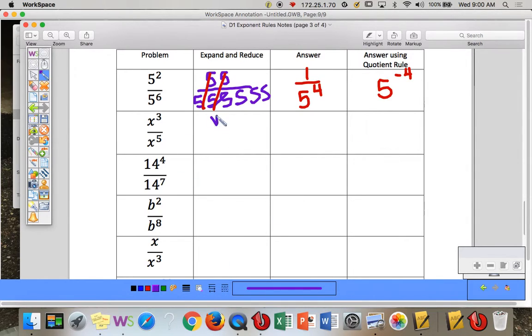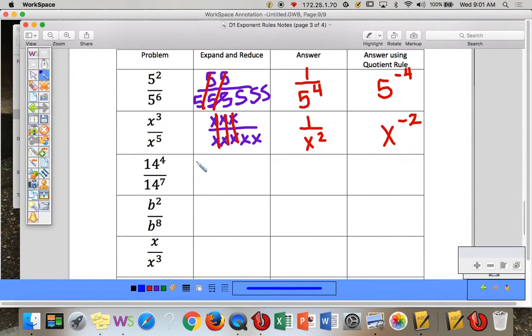Let's do another one. Let's say we had 3 x's on top and 5 on the bottom. Let's cancel the 1s, and we get 1 over x squared. But using the quotient rule, 3 minus 5 is negative 2. All right, let's do this one right here.